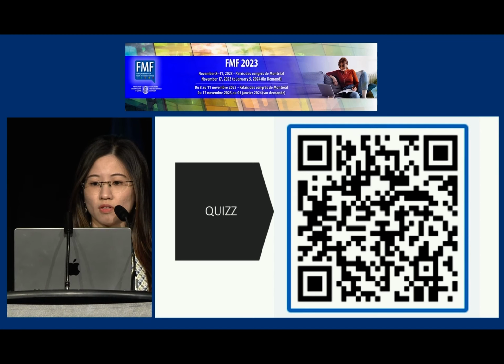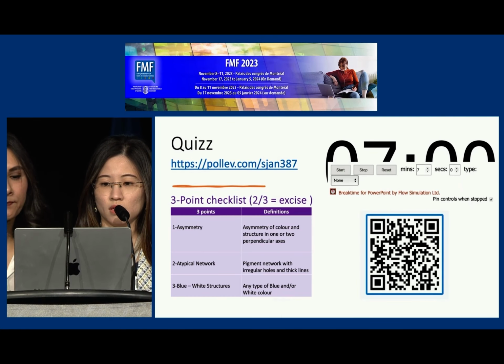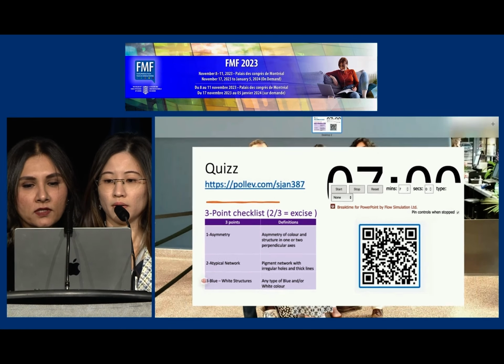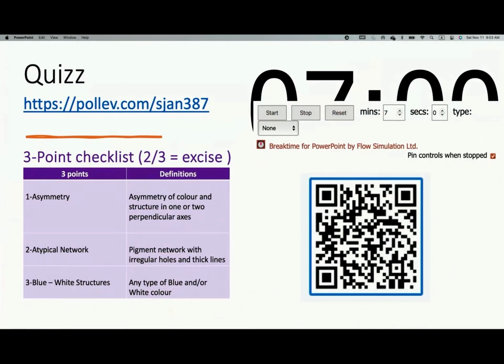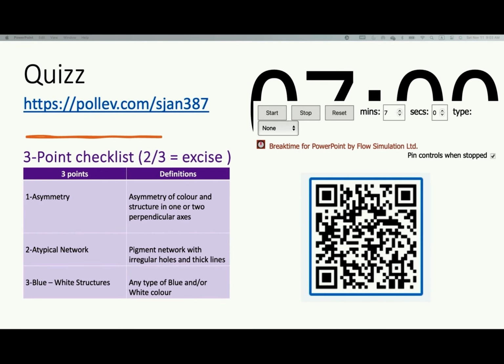You could use the QR code, or I believe there is a URL here. We're just going to get the poll started now, and just let us know if there's any issues at all. Most people good? Perfect.